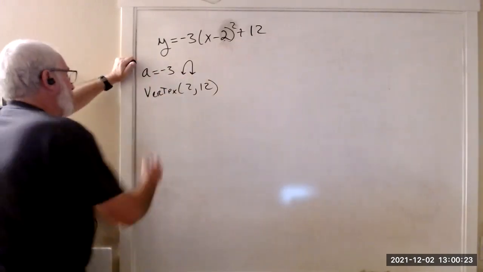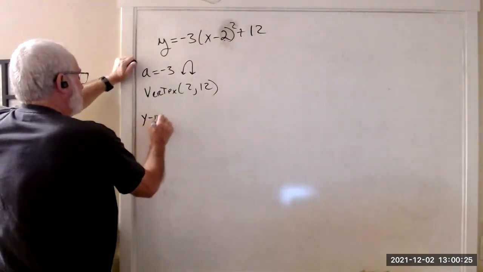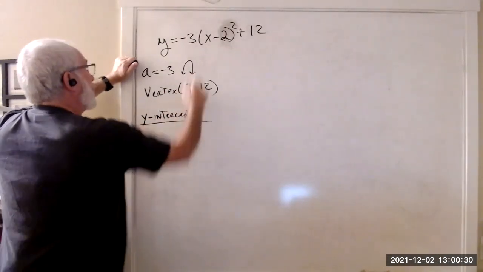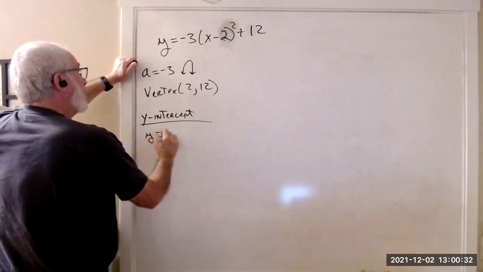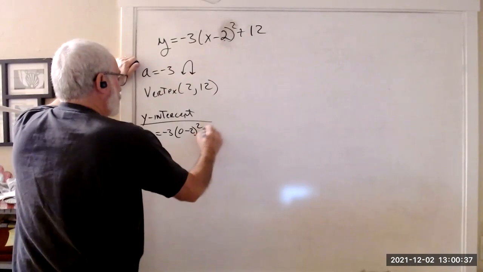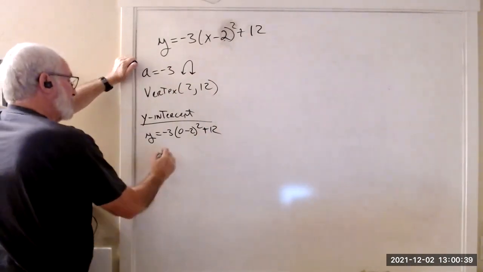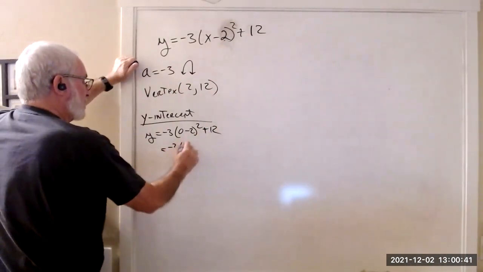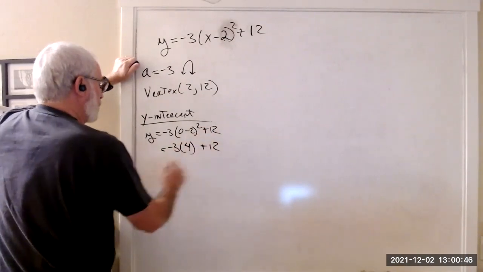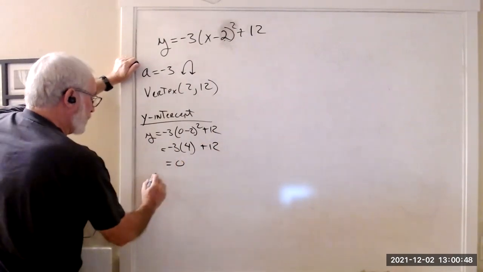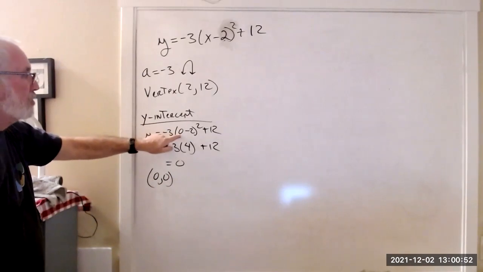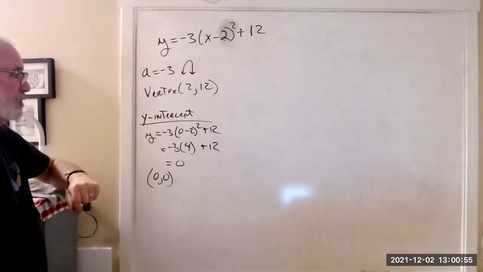Okay, the y-intercept: so we have y equals -3 times (0 minus 2) squared plus 12. So that's -3 times 4. 2 squared is 4, plus 12, which is 0. So my y-intercept is 0, 0. When x was 0, y turned out to be 0.